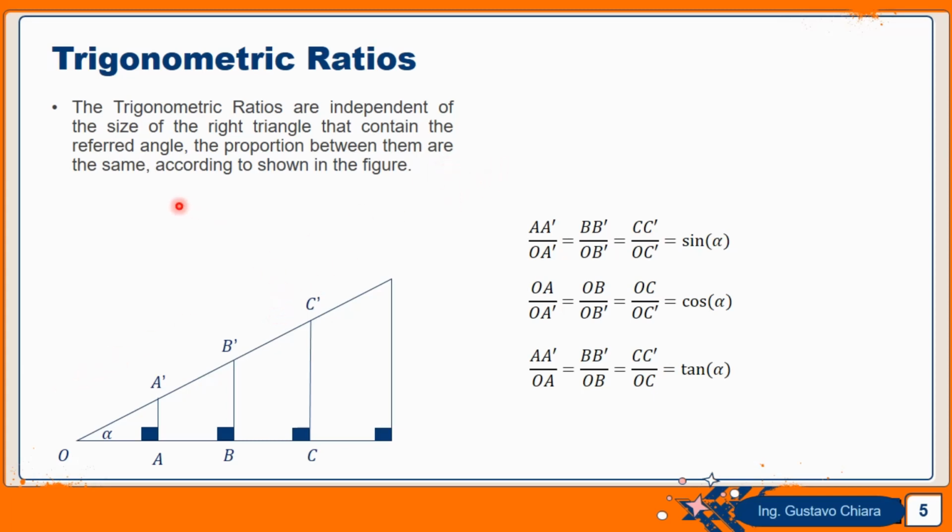According to the picture, the sine function is defined as the side from A to A divided by OA, and is equal to this triangle OB and B, and is the same in this triangle OC and C, and it's the same way for the rest of the functions, the cosine function, tangent function, etc.